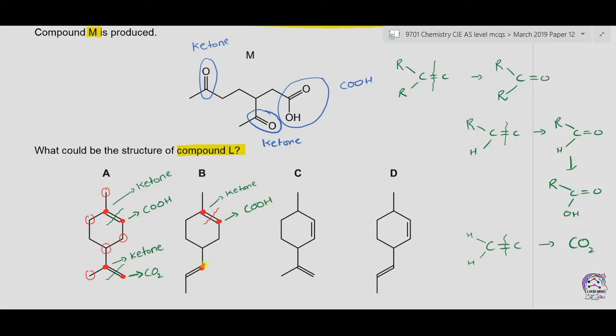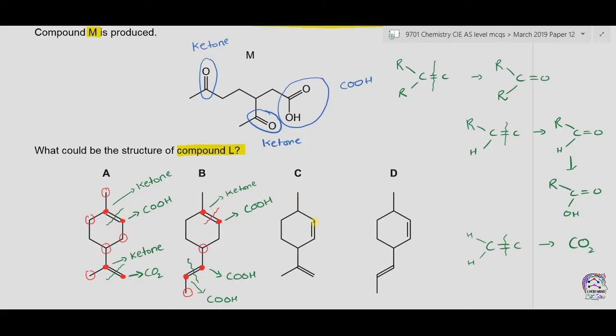This carbon atom has 1 alkyl group directly attached and 1 hydrogen atom. So this will first convert into aldehyde and then into carboxylic acid. This carbon is also making a double bond and it has 1 alkyl group directly attached. So it will first convert into aldehyde and then into carboxylic acid functional group.